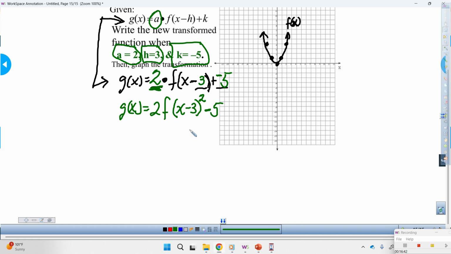Julian. Down 5, and then 3 to the right. However, before we do those steps, I'm going to use red. Circle this one in red. Tell your neighbor what that's going to do to these points.